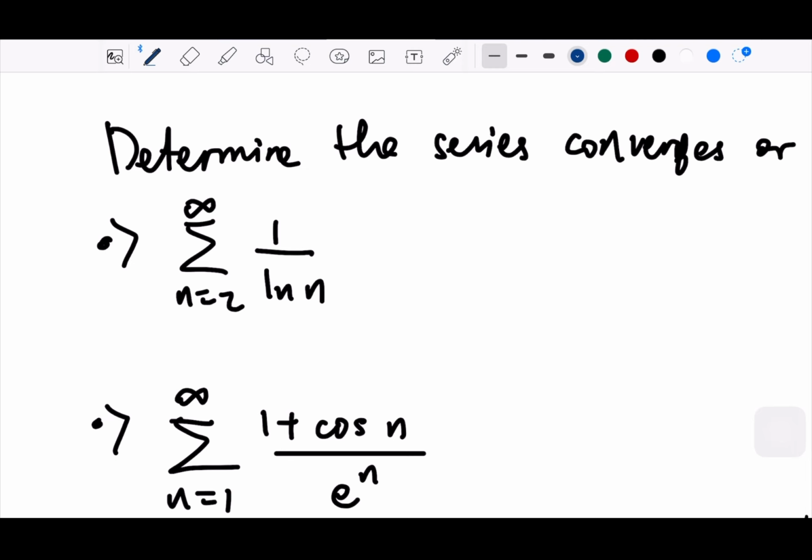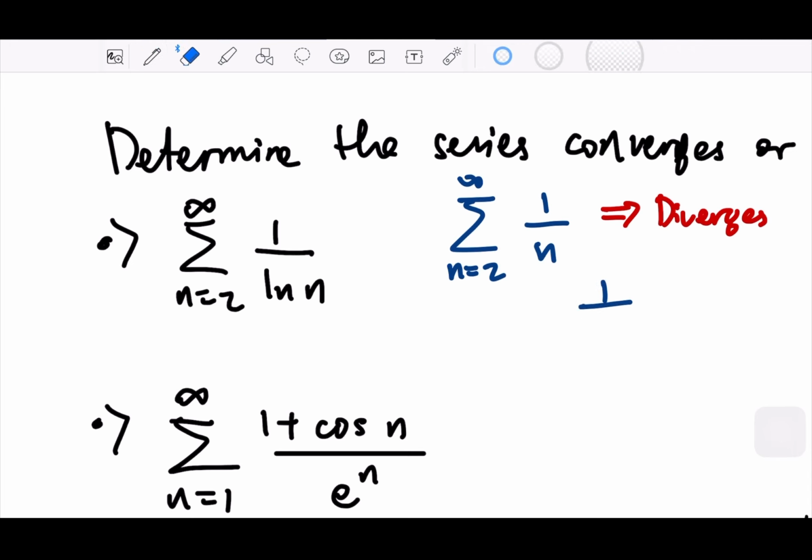Now, we can take another series that we know, with the same construction. Let's say the harmonic series, which we conclude to be divergent, right? By the p-series, it's just a power of 1. And then we can conclude that this is greater than 1 over n, right?